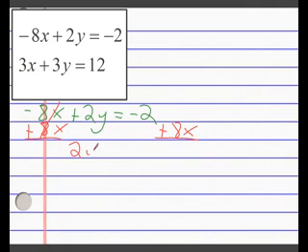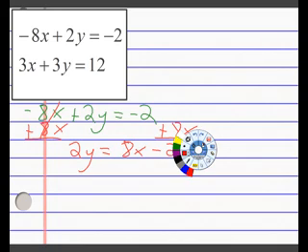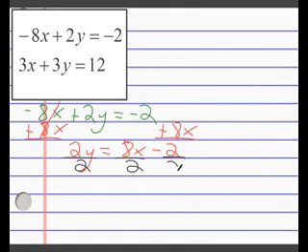So bring down my 2y equals 8x minus 2. And then I want my y by itself, so I'm going to divide every term in my equation by 2. So 2 divided by 2, we get y equals 8x divided by 2 is 4 over 1x, and negative 2 divided by 2 is negative 1.